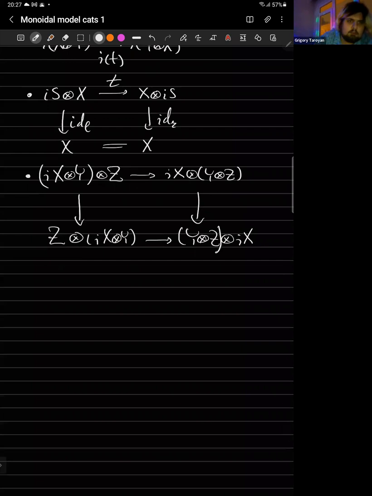Okay, so obviously, yeah, the central C algebra is just a category with this structure.